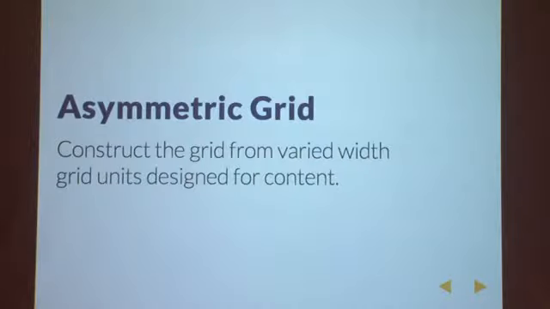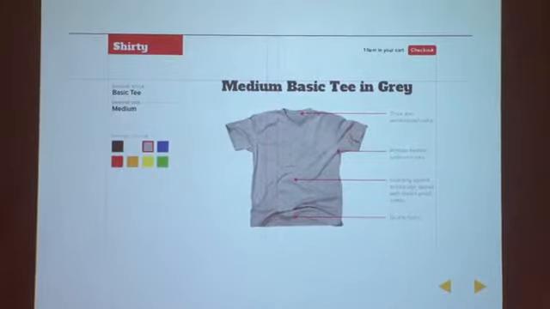If we look at the definition, you could still have varied width grid units and something be symmetrical. But the point is that you don't have equal columns throughout. You have varied width columns that are designed specifically for the content.